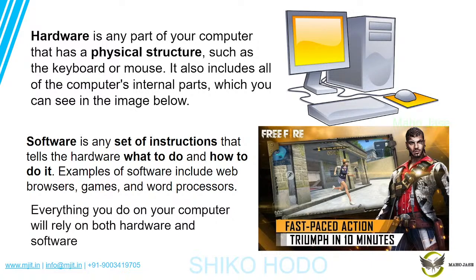Now we will move on to the next one, that is the most beautiful thing in the software industry, which is software. A software is a set of instructions that tells the hardware what to do and how to do it. Let me give a simple and straightforward example of what a set of instructions is. Take the example of a game, or a video that is stored in our system.